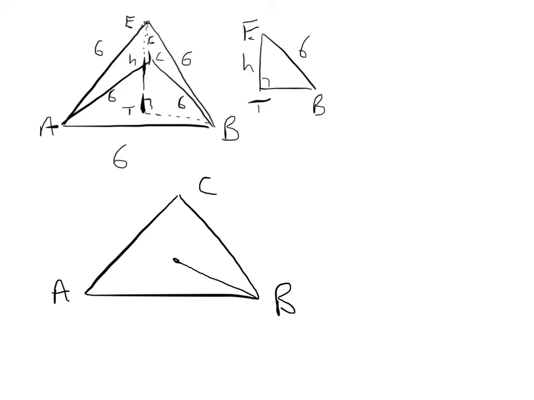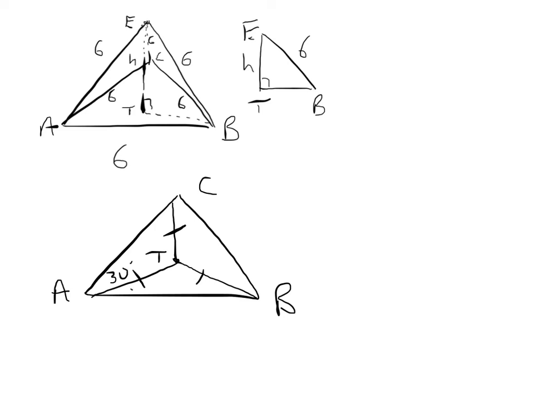Now we said if we drop that perpendicular down to the center of the base, I know that all of these segments are going to be congruent. If those are congruent, then I've got some isosceles triangles in here, and remember each angle in an equilateral triangle is a 60-degree angle. So I'm looking at some 30-degree angles in here all the way around.